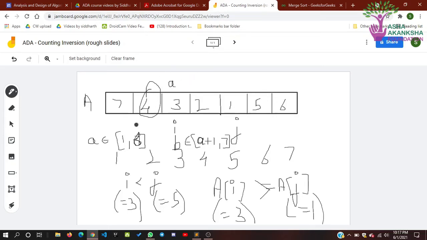Suppose the value of a is 4, then we will check it with 3. 3 is less than 4, hence this is one inversion. Similarly for 2, similarly for 1. Now for 5, 5 is greater than 4, and hence this will not count as an inversion. Similarly 6 will not count. But 3, 2 and 1 will count as inversions. So in this particular loop, we get 3 inversions.